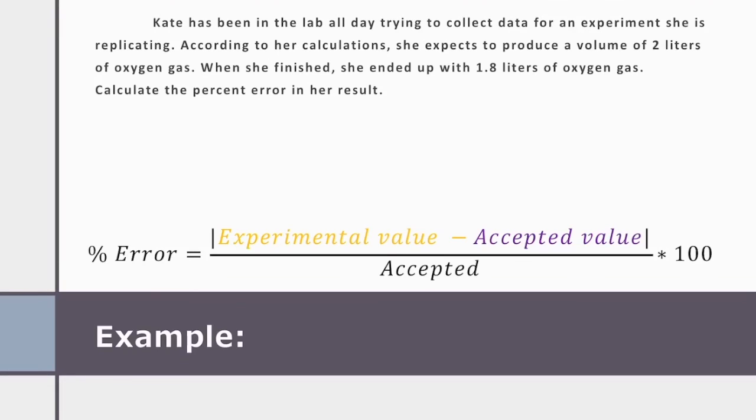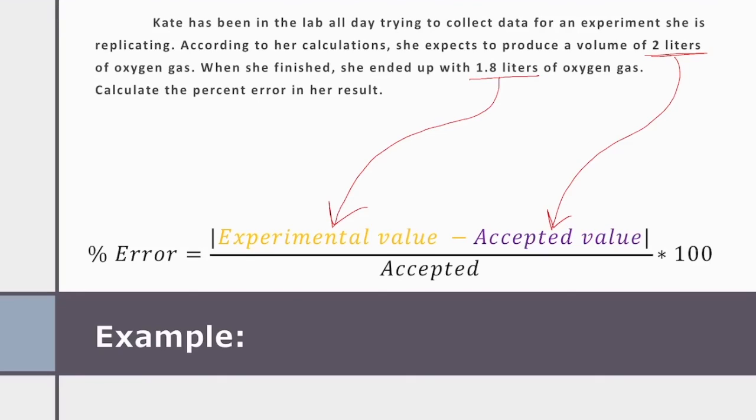When Kate finished, she ended up with 1.8 liters of oxygen gas, so that is her experimental value, because that is what she got when she performed the procedure. The accepted value always comes from some kind of calculation or looking it up somewhere. According to her calculations, she expected to produce 2 liters of oxygen gas, so that's our accepted or expected value.